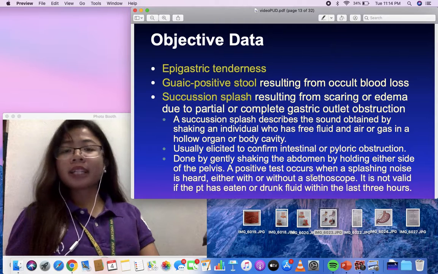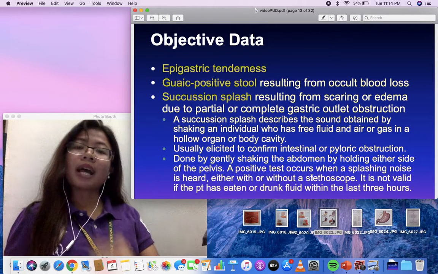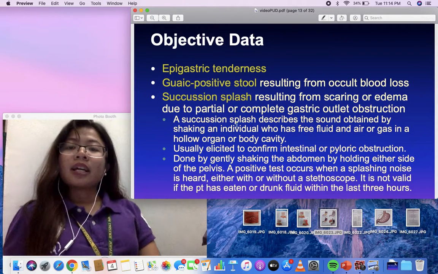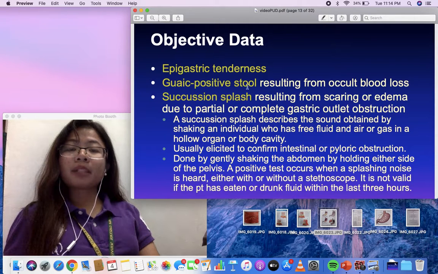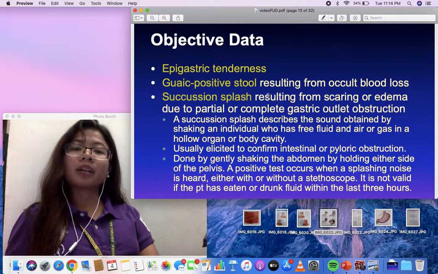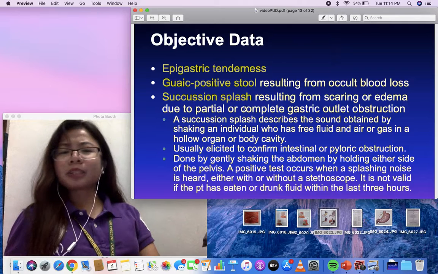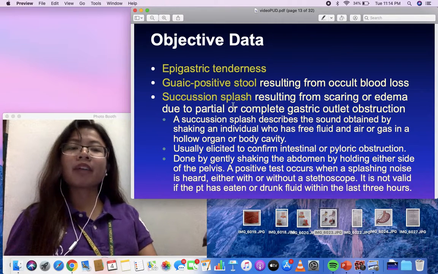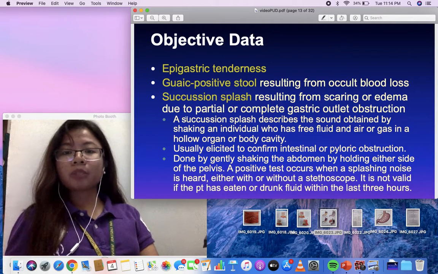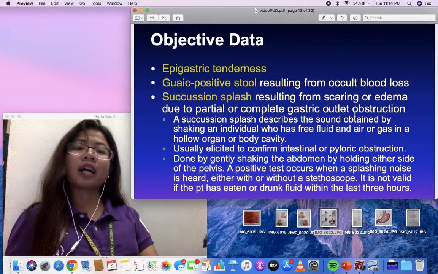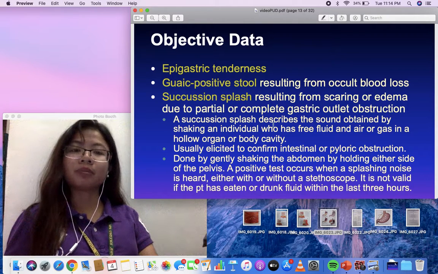And for objective data, there is epigastric tenderness. Next, guaiac positive stool resulting from occult blood loss. Then, what's the succussion splash? It results from scarring or edema due to partial or complete gastric outlet obstruction.